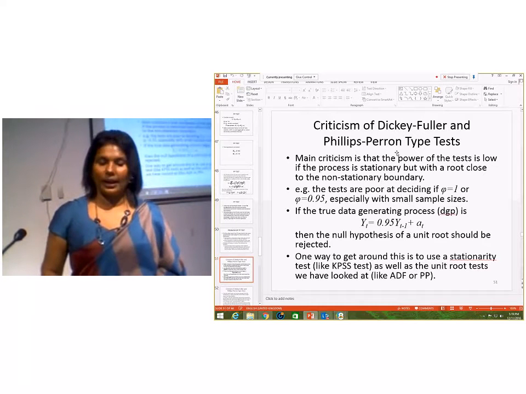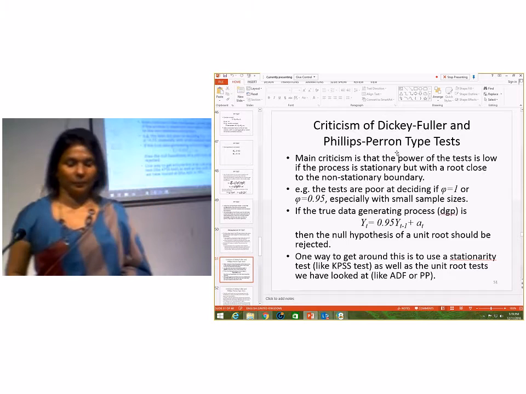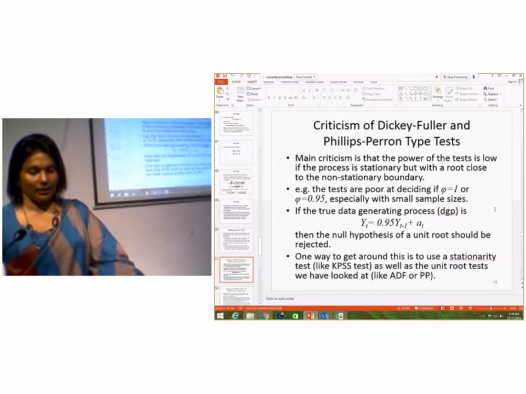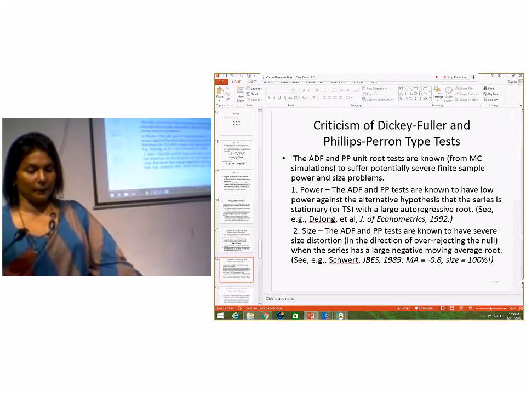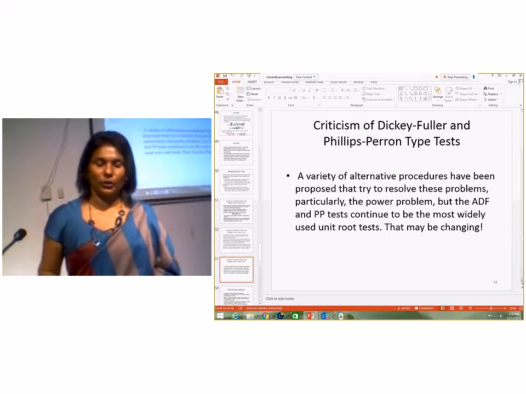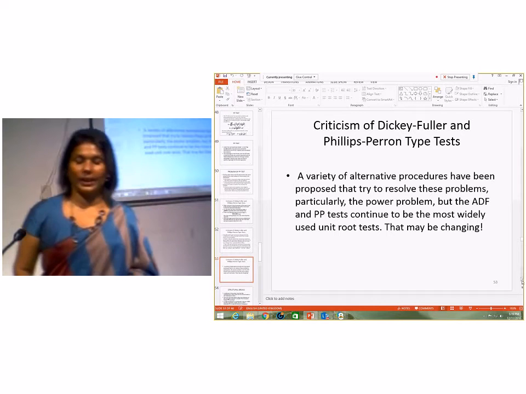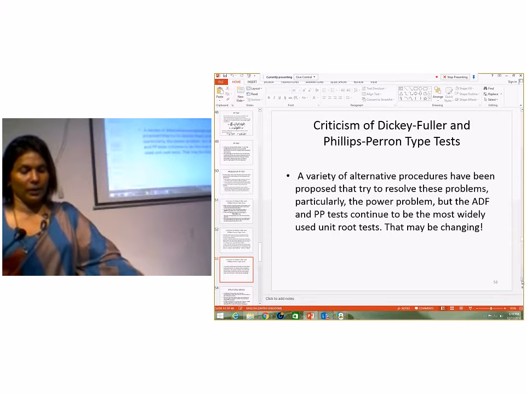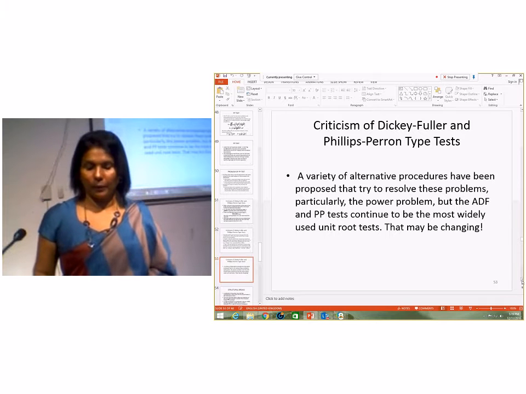However, there are many criticisms of these two tests, for example power and size. Based on the shortcomings of the Dickey-Fuller and PP tests, a variety of alternative procedures have been proposed to solve these problems, particularly the power problem.